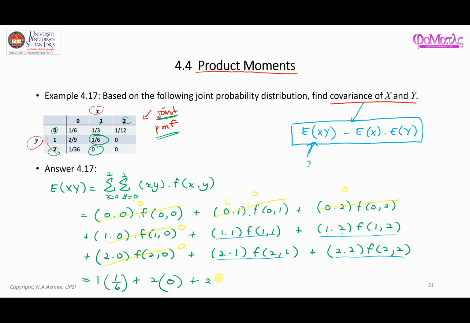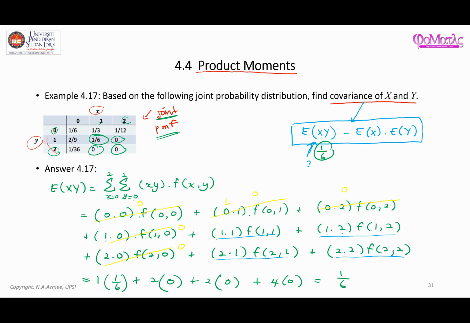Next, 2 times 1 is 2, f(2,1), which is 0. And finally, 2 times 2 is 4, f(2,2), which is also 0. The final answer is 1 over 6, so E[xy] is 1 over 6.